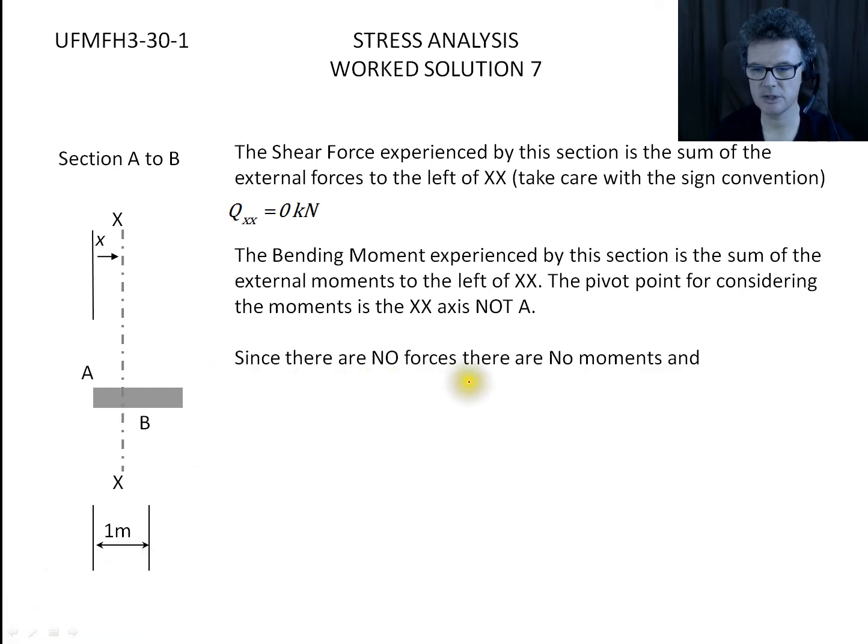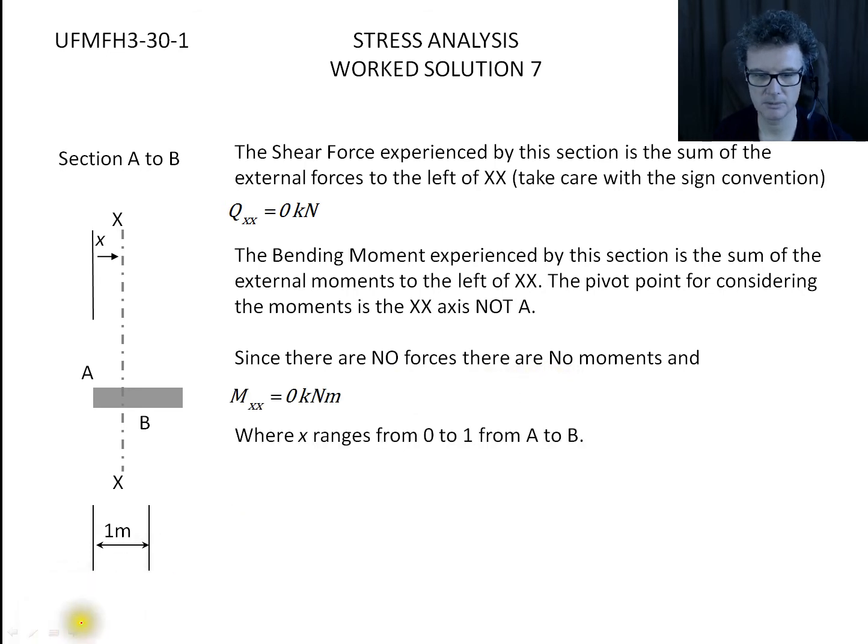Since there are no forces there, no moments can be there. The symbol we're going to use in this case is M_XX. So we're going to have 0 kilonewton meters left of us.